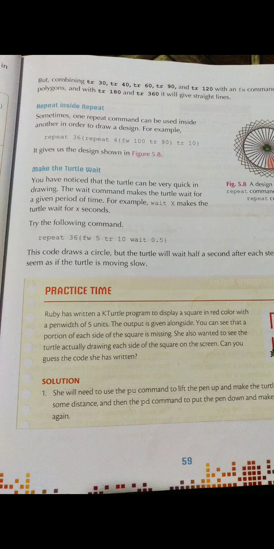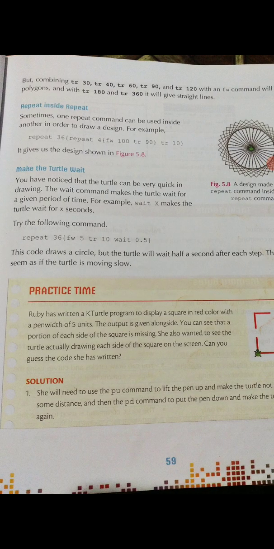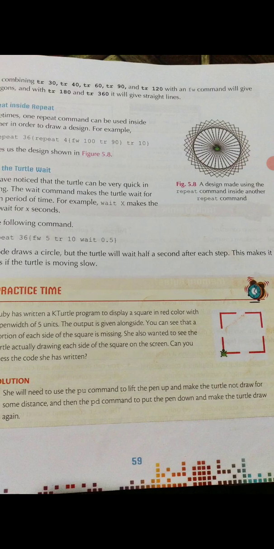Here the turtle is going to wait as the command is given for the waiting position. Clear this much? Wait command, by the name itself we can understand the turtle needs to be in a waiting position. Clear? Then you see here, this code draws a circle but the turtle will wait half a second after each step.